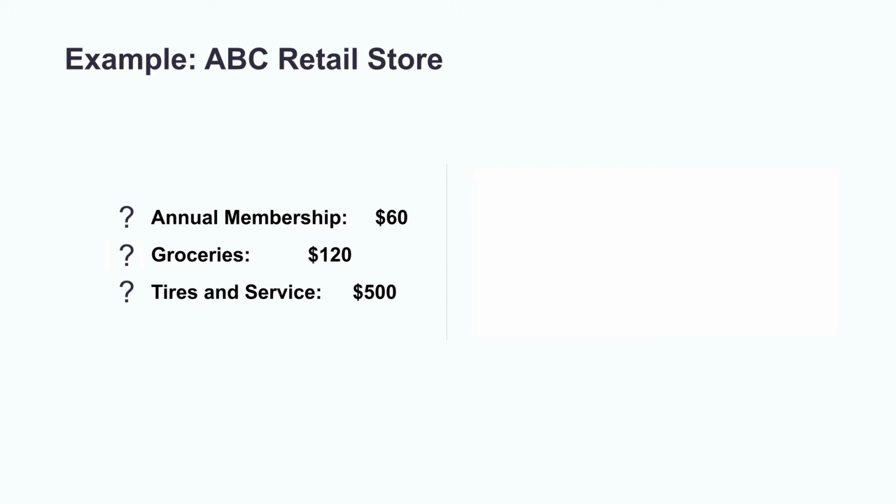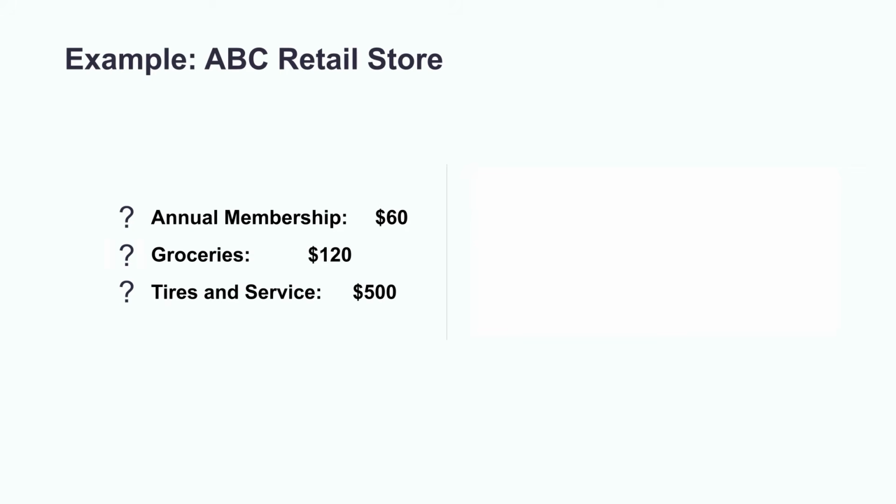This purchase was made up of an annual membership fee of $60, $120 spent on groceries, and $500 spent on the purchase of new tires. The tire purchase also included installation of the tires, plus additional maintenance and wheel alignment services over the next 2 years. So how much of this $680 can be recorded today at the time of sale?